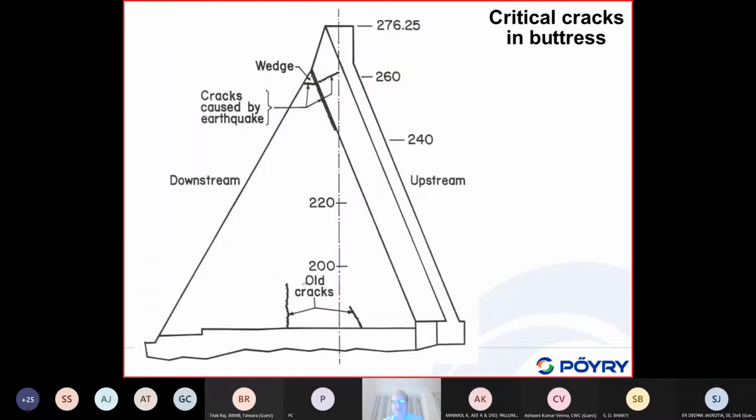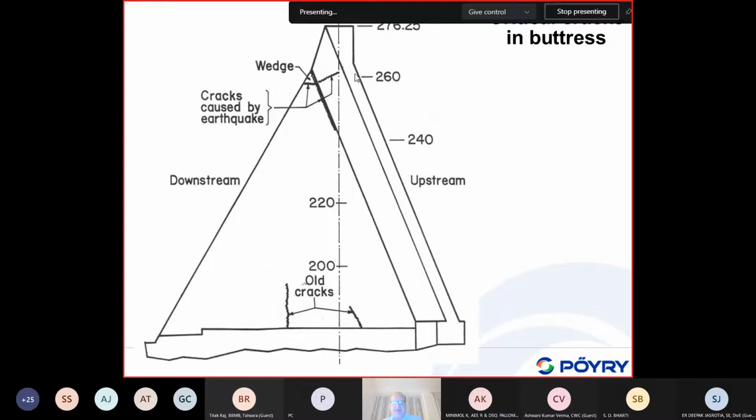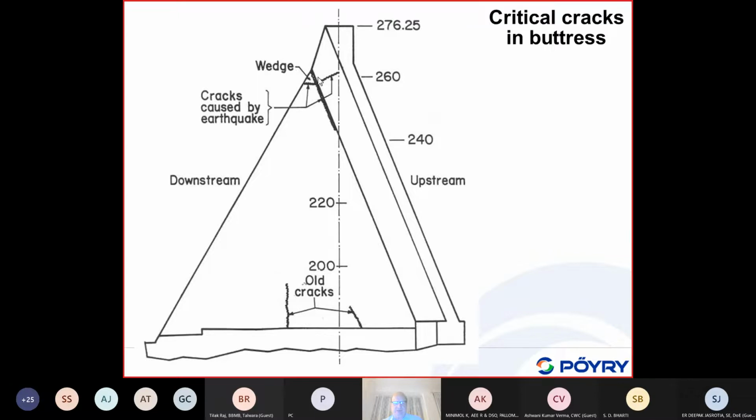Now the critical damage which has occurred is shown on this plan. We have here the web, and here the head of this buttress, and we have some cracks along this interface between the web and the head.